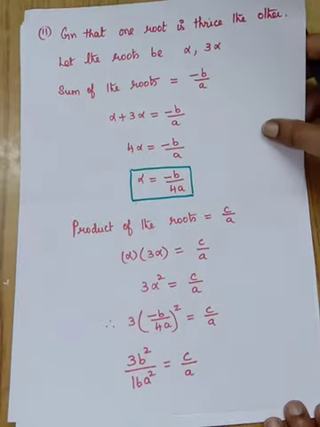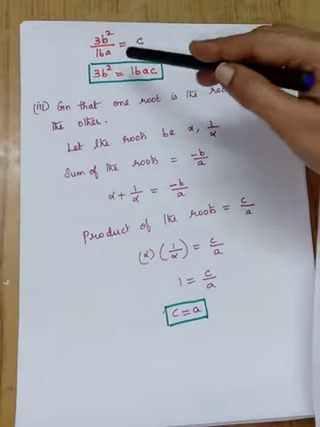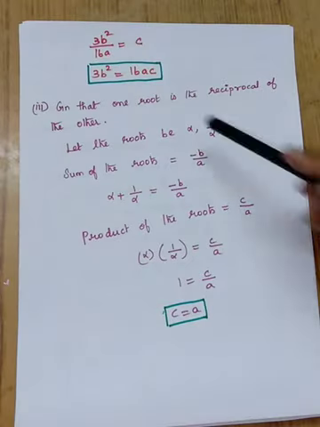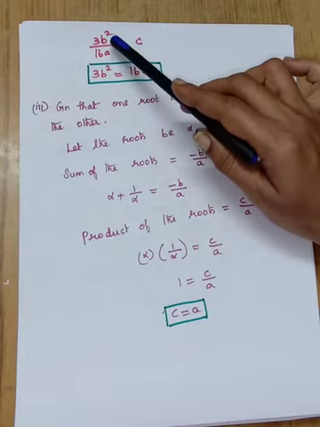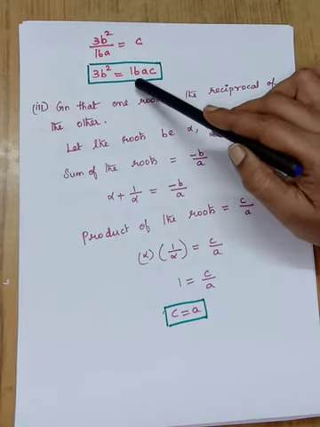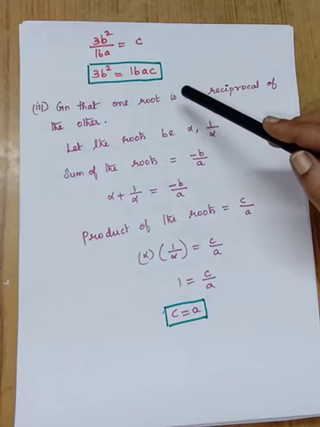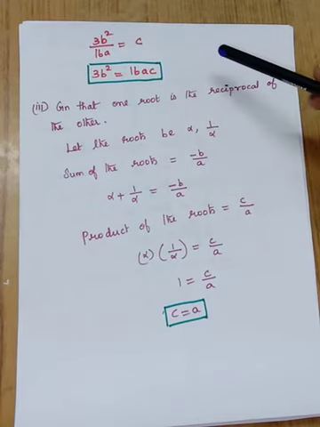So you will have 3b squared by 16a is equal to c. Okay, so 3b squared is equal to 16ac. Under this condition only, one root is thrice the other.